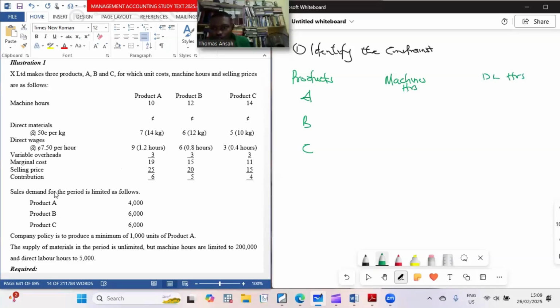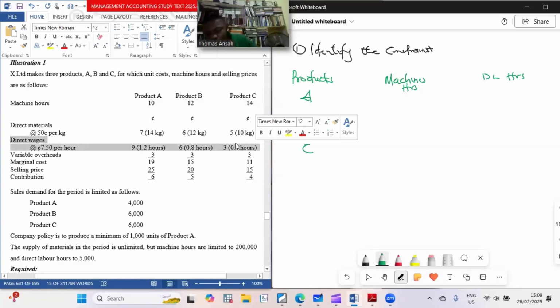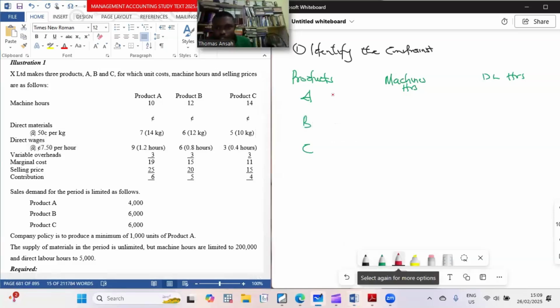So these are the products, the machine hour per product, and the next one was direct labor hours. So the products we have: Product A is 4,000 units, then 6,000 units, and another 6,000 units.